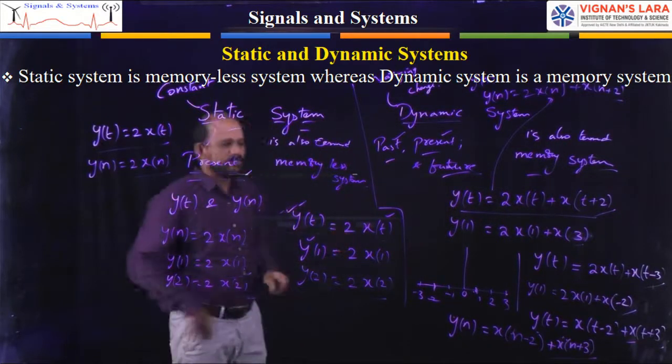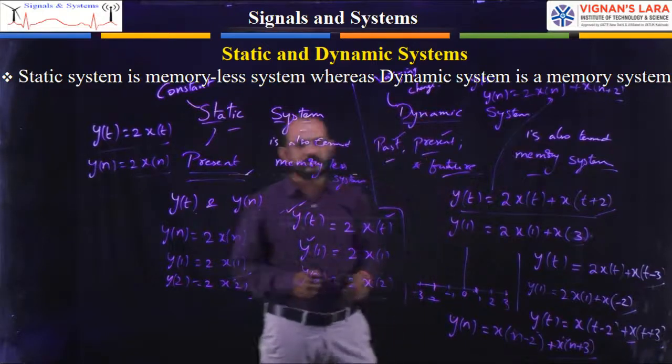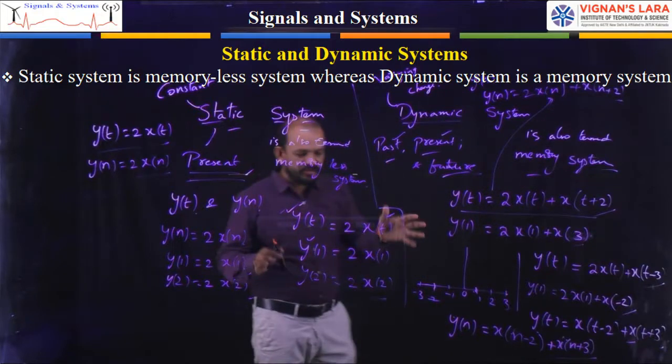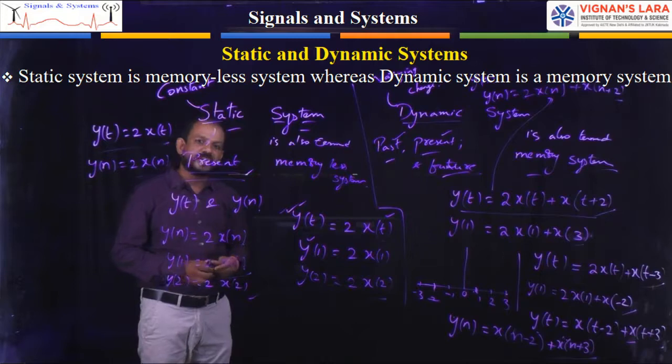The explanation is the same for discrete also. So you can say this is a dynamic system with respect to discrete. So this is regarding static and dynamic systems.